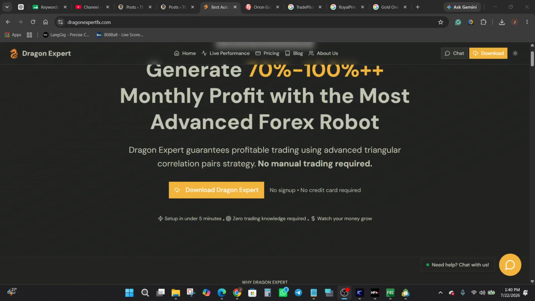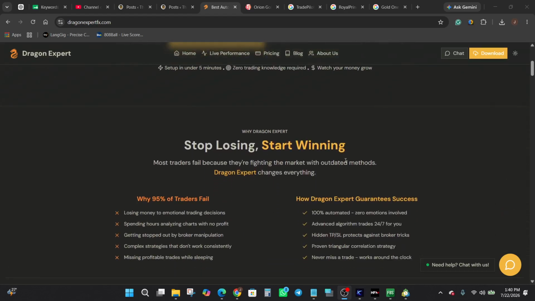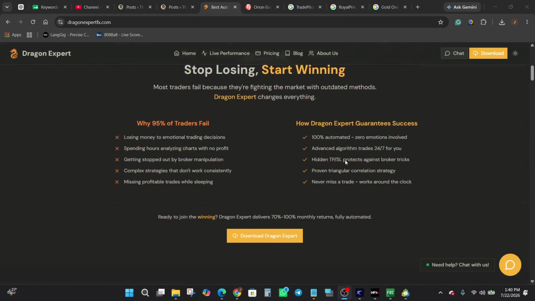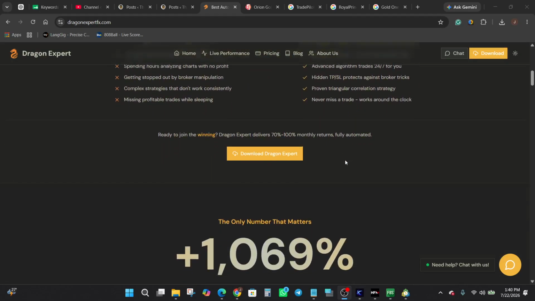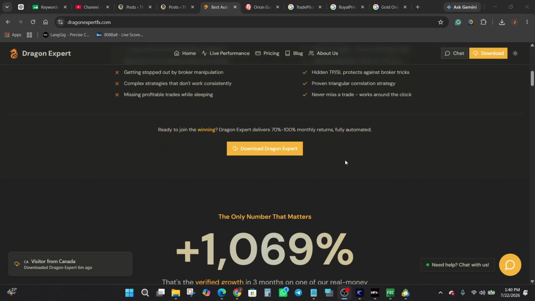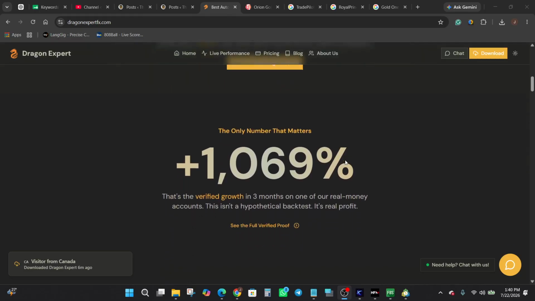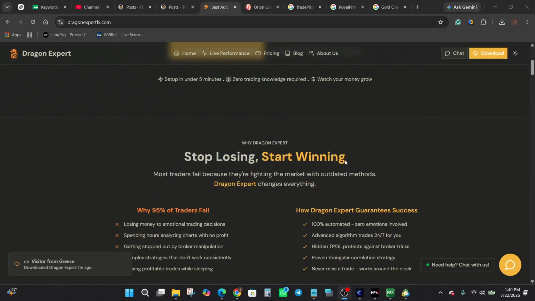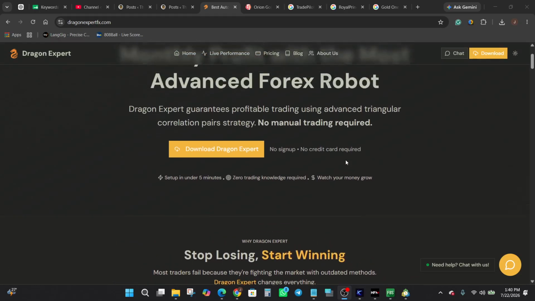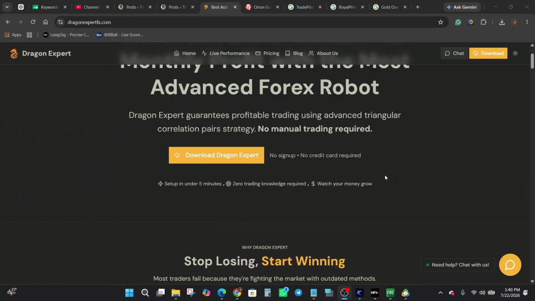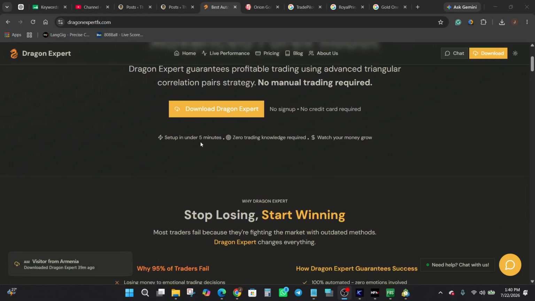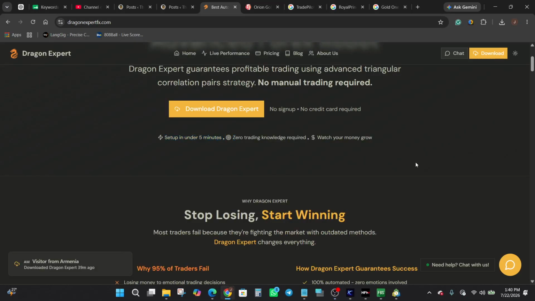All right, so starting with the primary setup and the purchase details. The Dragon Expert is marketed as a fully automated robot that requires zero prior trading knowledge, with a quick setup process taking under 5 minutes, according to what is stated here.